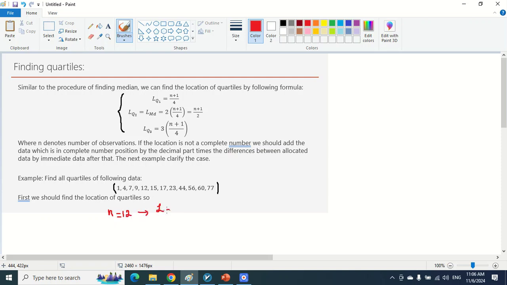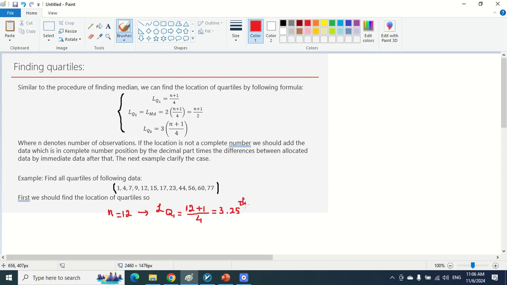The location of Q1 is n plus 1 over 4, and n is 12, so we calculate 12 plus 1 over 4, which is 3.25.